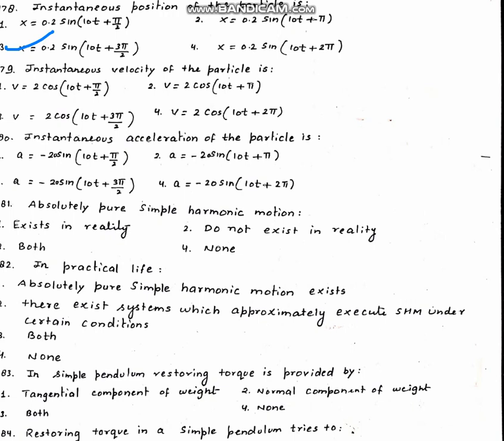Next is initial velocity of the particle. So you just differentiate it. For finding velocity, you just differentiate this equation, and when you differentiate it, we have differentiation of sin as cos. So it will correspond to the third option.